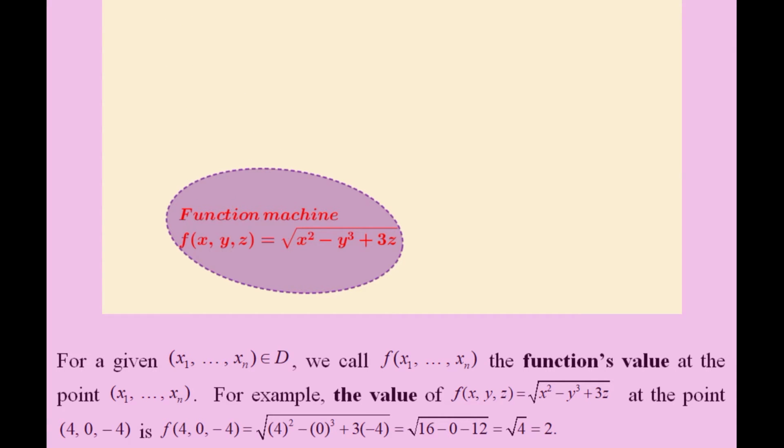xn. For example, the value of f of x, y, z, which is equal to square root of x square minus y cube plus 3z at the point 4, 0, negative 4 is f of 4, 0, negative 4, which is equal to square root of 4 square minus 0 cube plus 3 times negative 4, which is equal to square root of 16 minus 0 minus 12, which is equal to square root of 4, which is equal to 2.